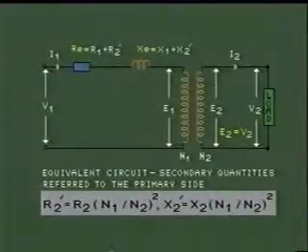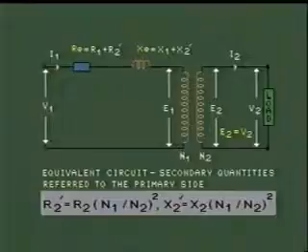Here you see the secondary quantities, that is R2 and X2, have been transferred to the primary side and added with the primary side resistance and reactance to give Re, which is equal to R1 plus R2 single dash, and Xe is equal to X1 plus X2 single dash, and their values: R2 single dash is equal to R2 into N1 by N2 whole square, and X2 single dash is equal to X2 into N1 by N2 whole square.